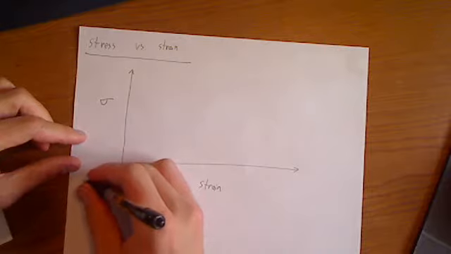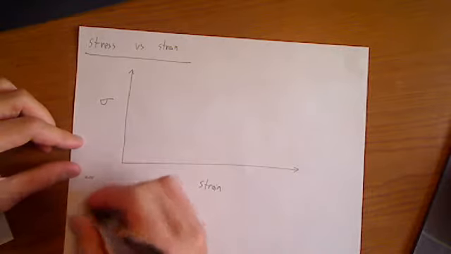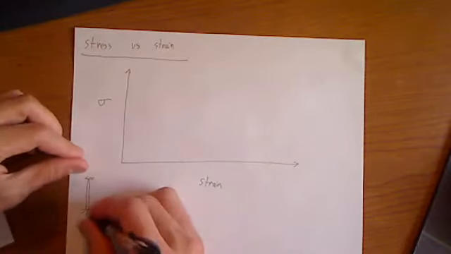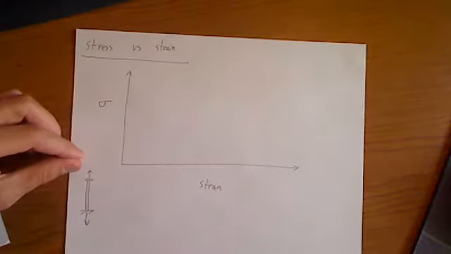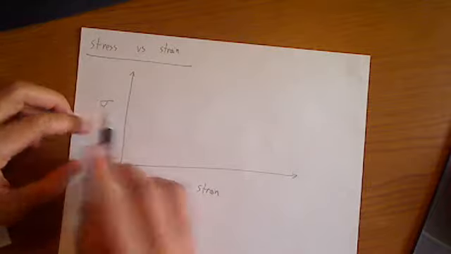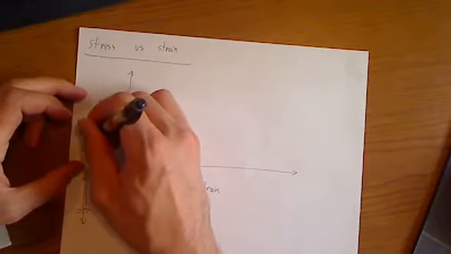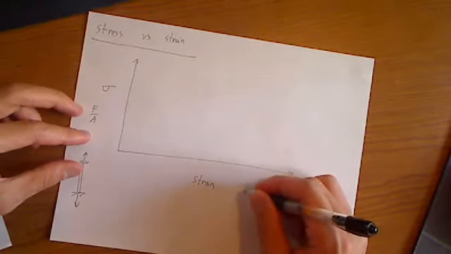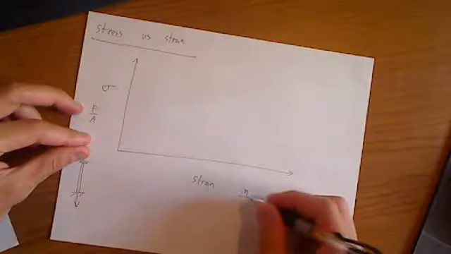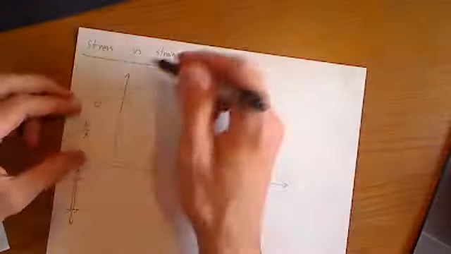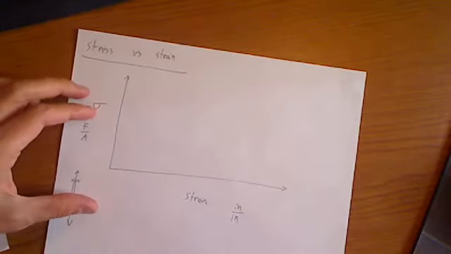And the question is, if we have this little bar of wire or steel or aluminum or copper, whatever it happens to be, we put it in some machine and we just pull it harder and harder until it fails. And we plot the stress, which is how hard we pull divided by the area of what we're pulling on, and the strain, which is basically how many inches this thing gets pulled versus how many inches it started off as. And that gives us the stress-strain diagram for a given material.